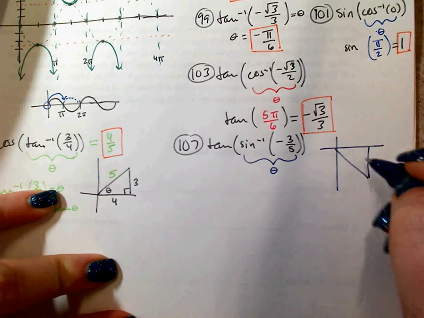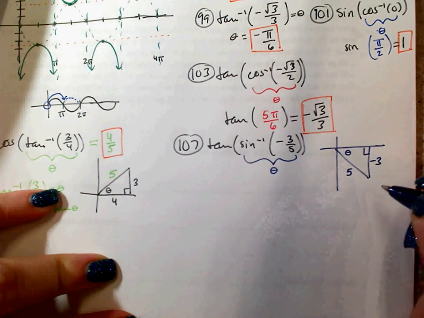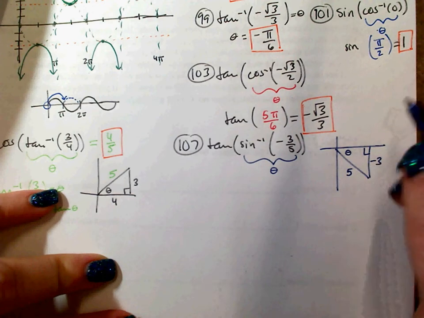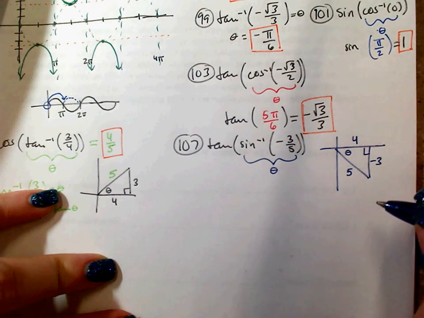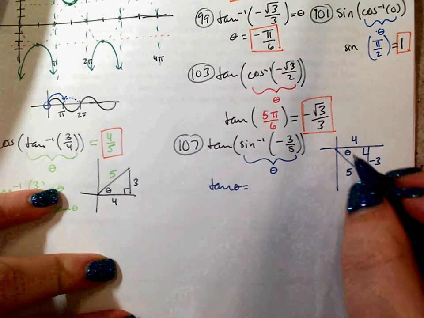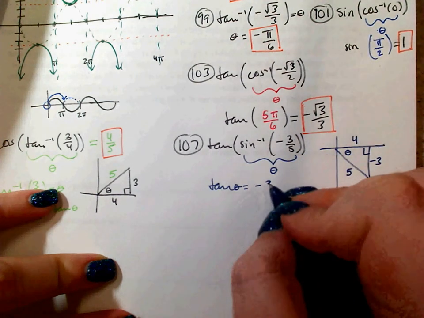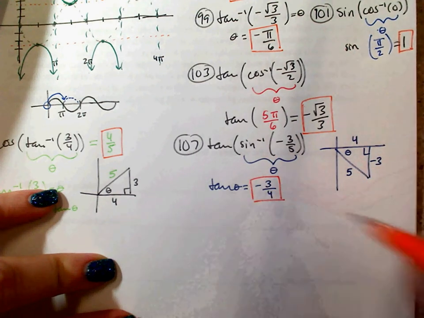Let that be theta, and sine is opposite over hypotenuse, so negative 3 over 5. And if that's 3 and 5, then this has to be 4, 3, 4, 5. So then the question is, what is tangent of that angle? And tangent of that angle is opposite over adjacent, negative 3/4. And there we go.